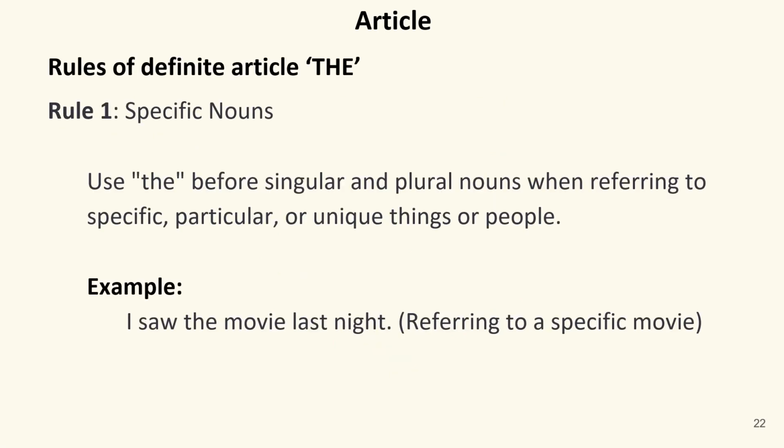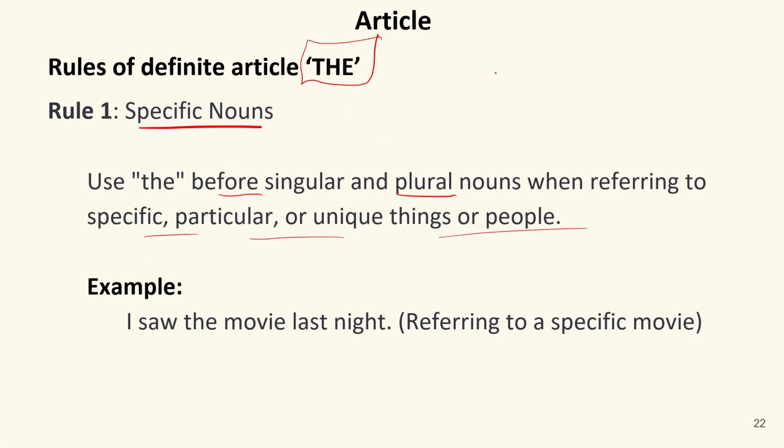Now we'll read the use of the definite article the. This article has a wide use. The definite article the is used with many nouns. Why and where? Let's discuss now. Rule 1 is it is used for some specific noun. Use the before singular and plural nouns when referring to specific, particular, unique things.